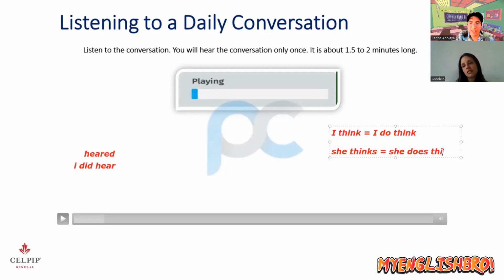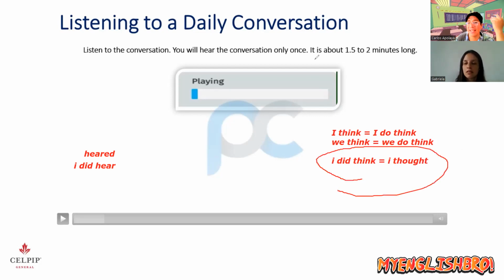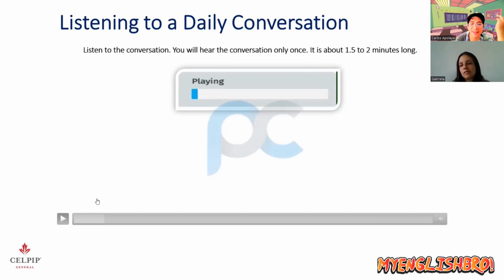She does think. ¿Te diste cuenta? Pero normalmente nosotros usamos el do think solamente con el we y con el I. We do think. Y lo mismo pasaría con el pasado. I did think, en lugar de decir I thought. Normalmente lo utilizo para hablar, para enfatizar. ¿Vale? So I did hear sería escuché.